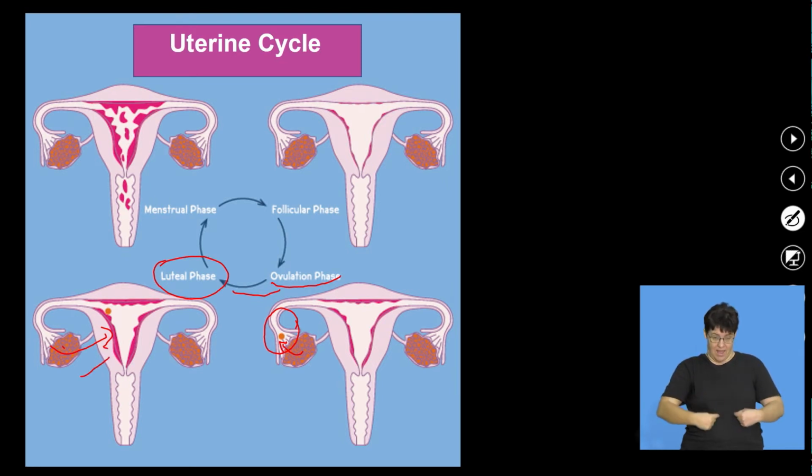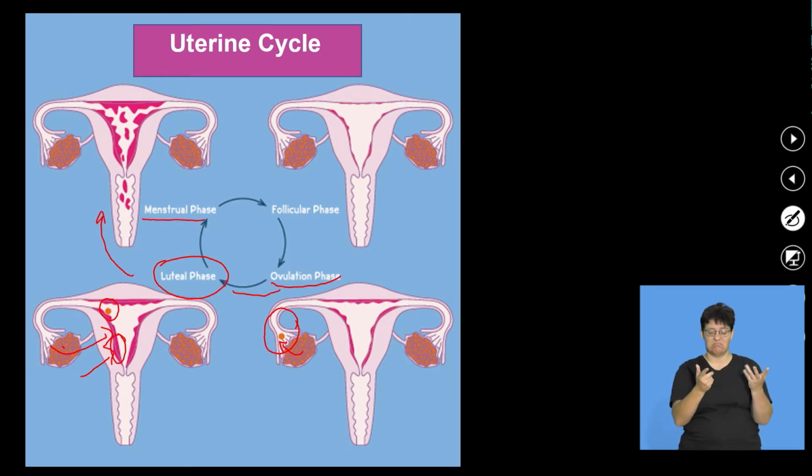And here we clearly see the thickening of the endometrium. And we mentioned that if that corpus luteum is not fertilized, it will lead to a process where the lining is released, and we refer to that as the menstrual phase, where the lining of the endometrium is released. And that occurs due to the corpus luteum degenerating and a decrease in the level of progesterone.